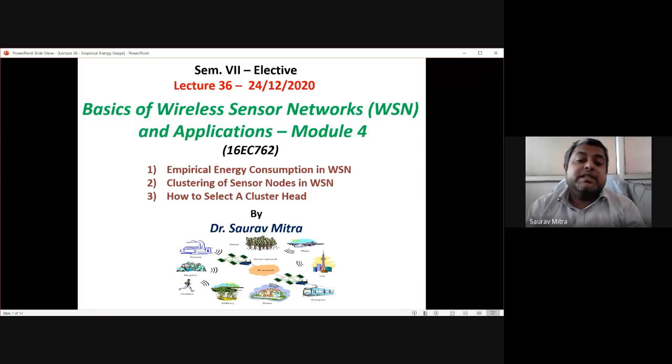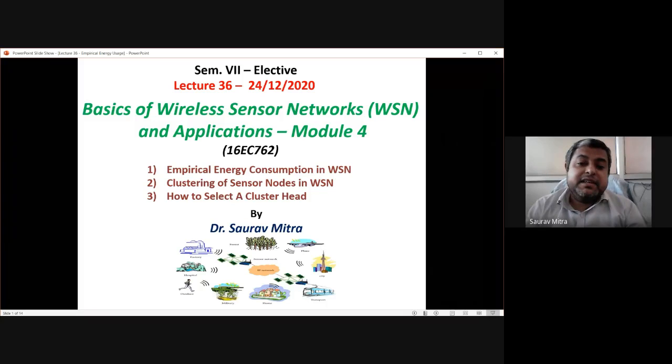And then we will see a concept which is called clustering. Some part of it we have seen in the second module during routing. Here also we will see clustering in detail. In some clustering we are actually forming something called a cluster head. All the sensor nodes are divided into a few groups, that is called a cluster. And at certain times in certain topologies there might be a cluster head.